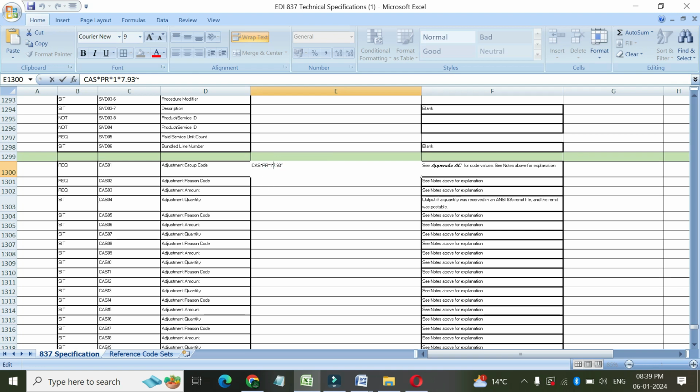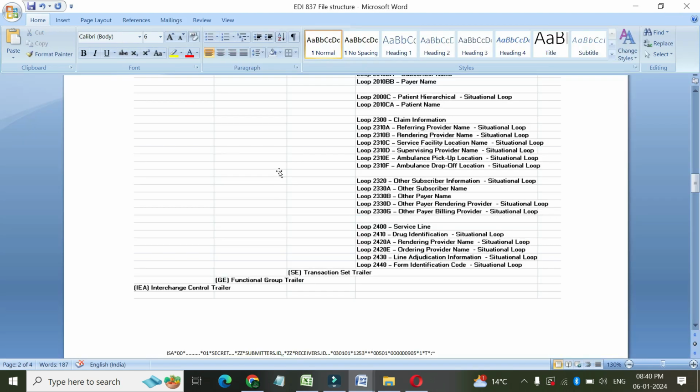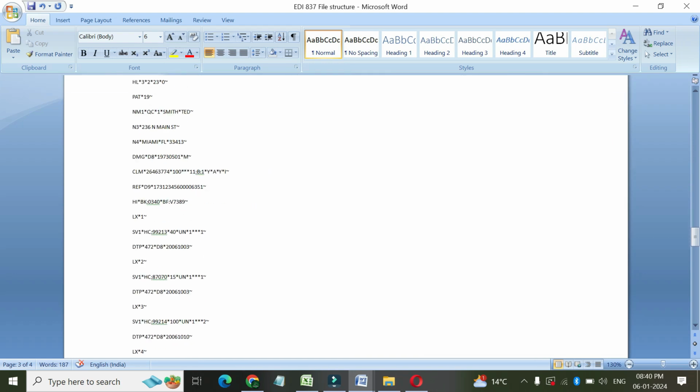PR means patient responsibility and 1 means deductible, and this is the actual amount, $7.93. So this is how the CAS segment looks, and this is the payment date in the DTP segment with qualifier 573.